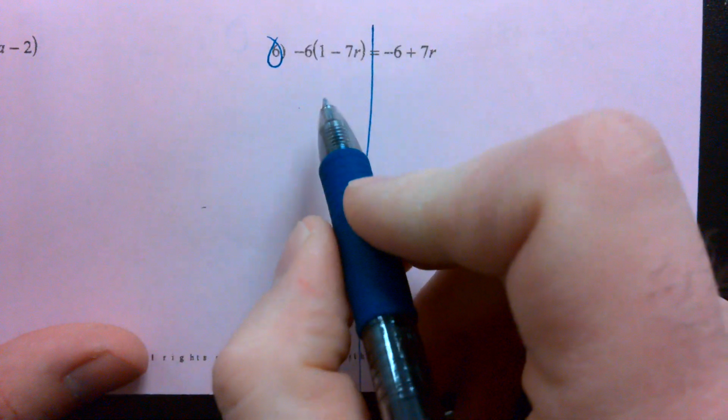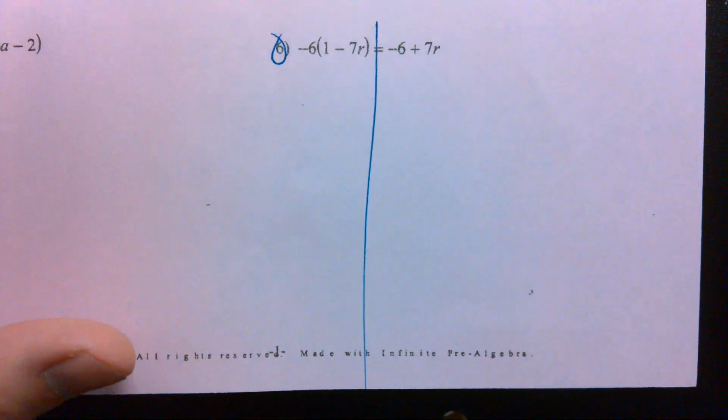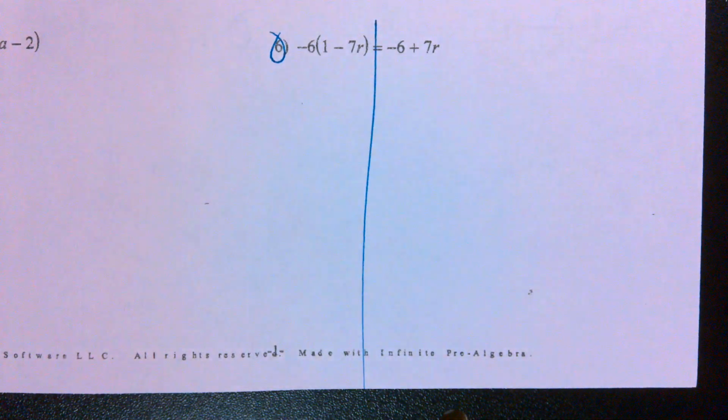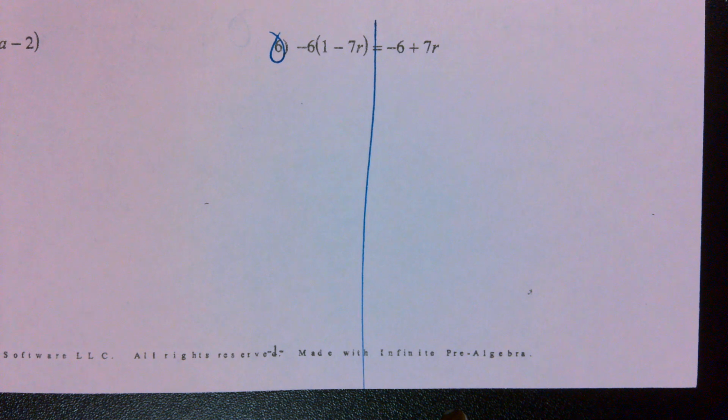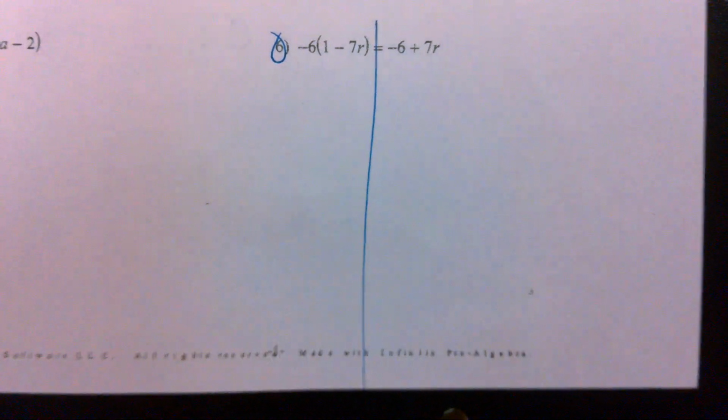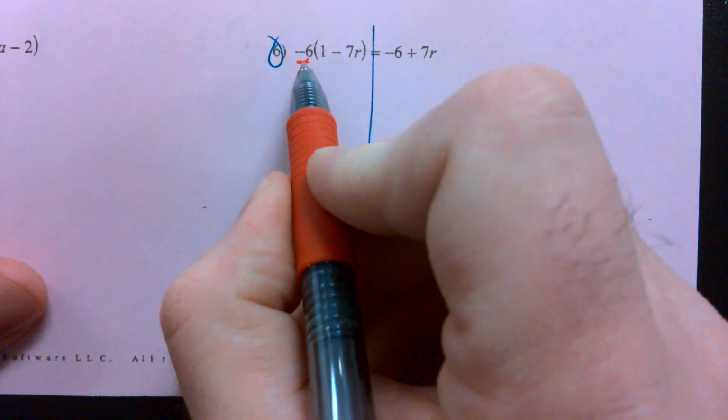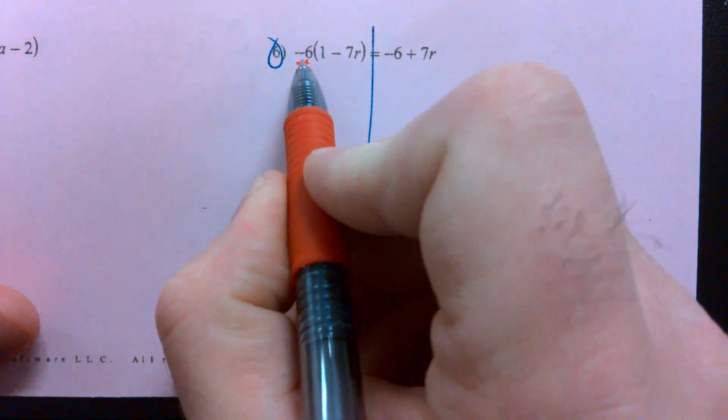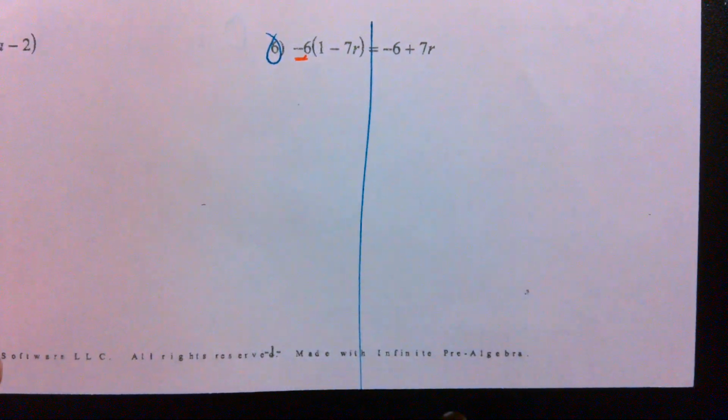Okay? Step 1 in our 7 steps says we need to distribute wherever we see parentheses. Do you see parentheses? Yeah. I would agree with that. What's on the outside of my parentheses? -6. So we're going to take that -6 and we're going to add, subtract, multiply, or divide. Multiply.